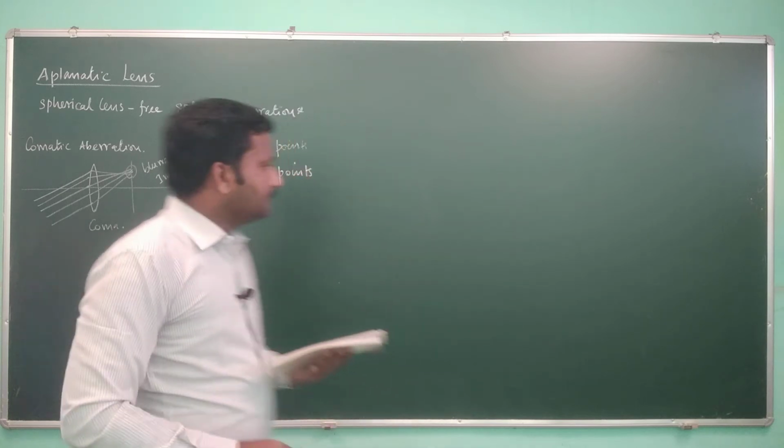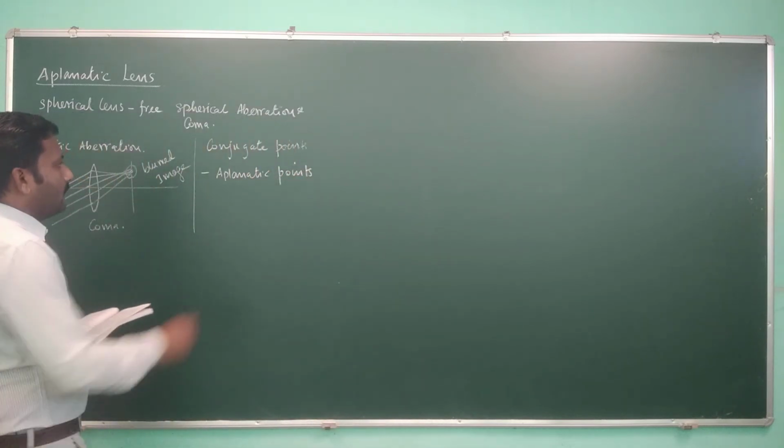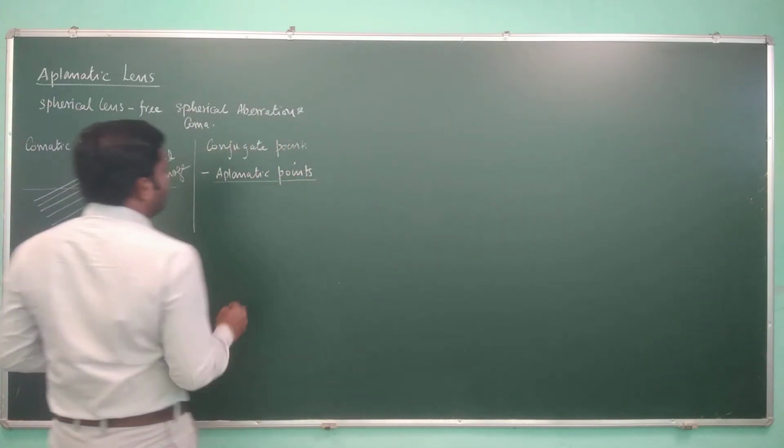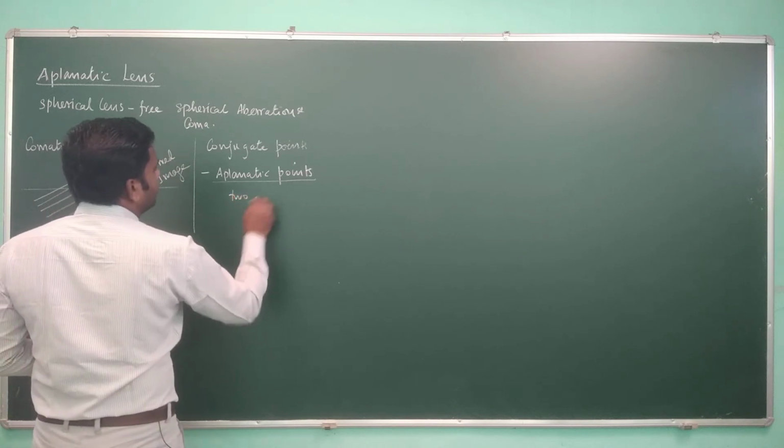How do we define that? Aplanatic points are a pair of points.